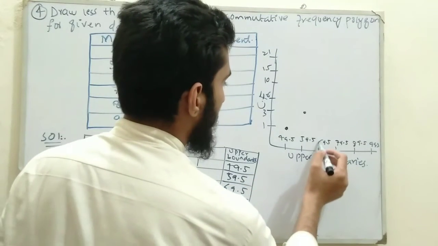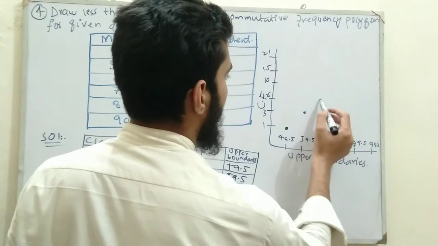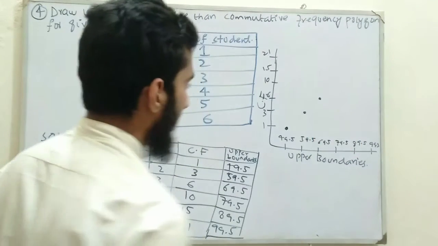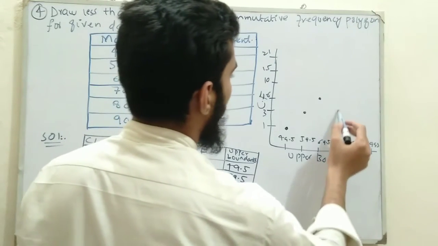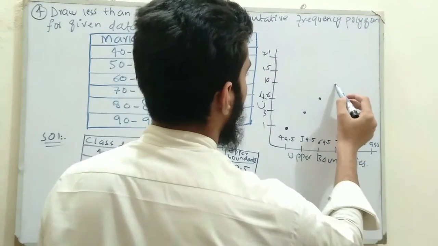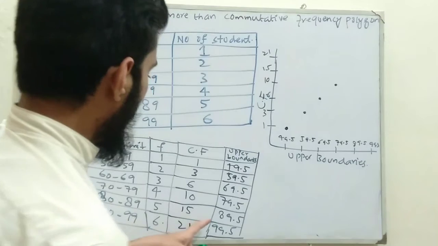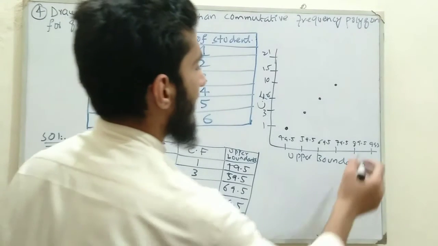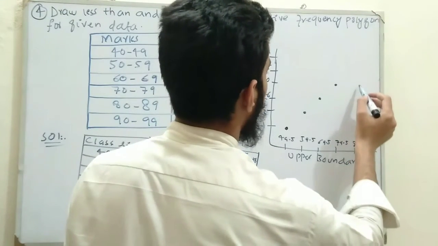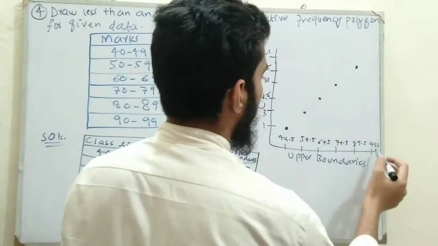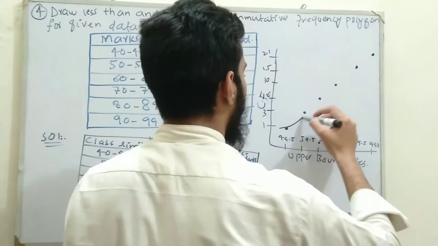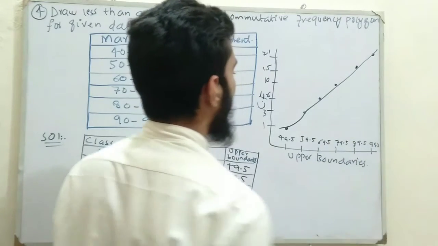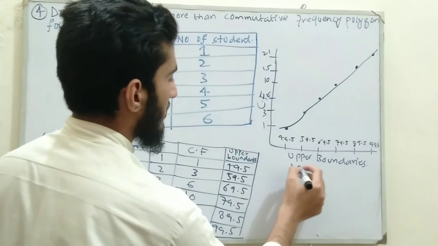Then 79.5 and 10. Then we have 15 and 89.5. And after this we have 99.5 and we have 21. So draw just like this. So this is the polygon for the more than cumulative frequency.